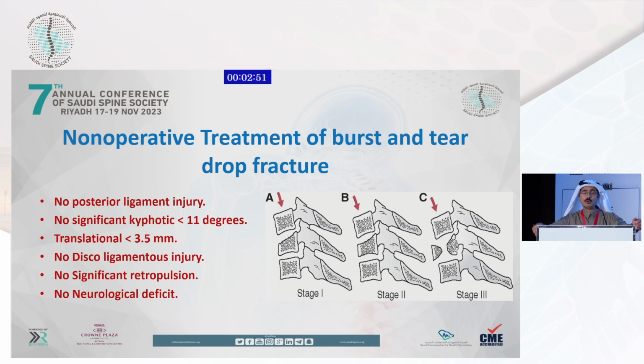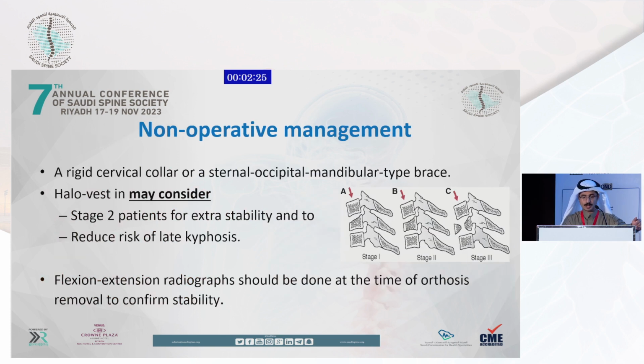When it comes to management, conservative management can be considered in the mild types, which are stage 1 and 2, if there is no ligamentous injury, no significant kyphosis, no significant translation, no significant retropulsion, and of course the patient is stable. If you have these criteria, you can manage the patient conservatively by applying a hard collar or a halo, usually for 12 weeks.